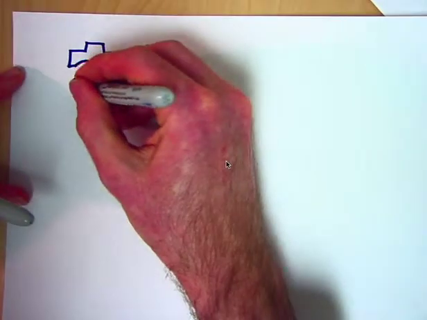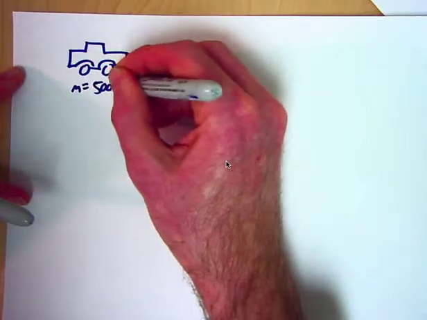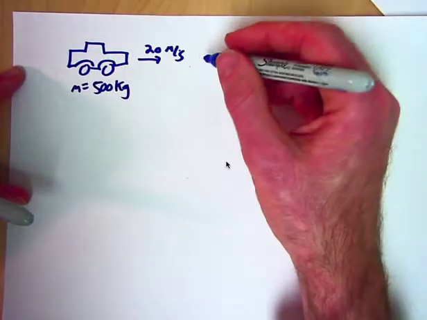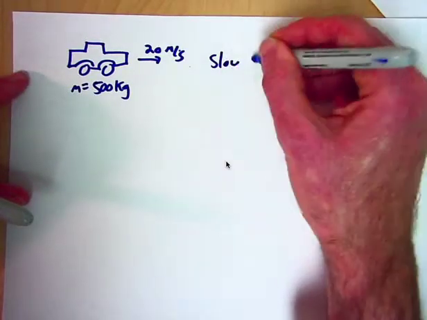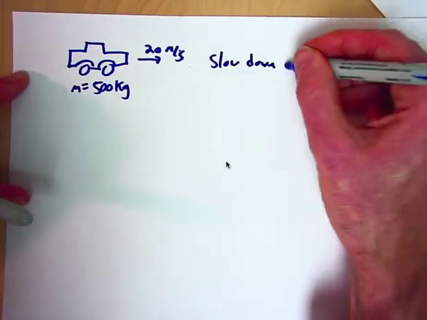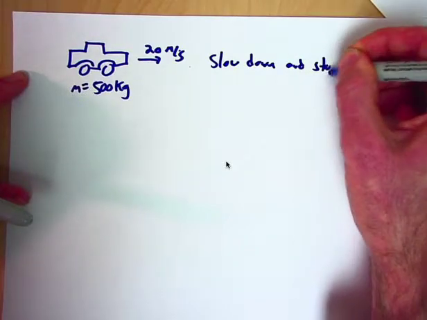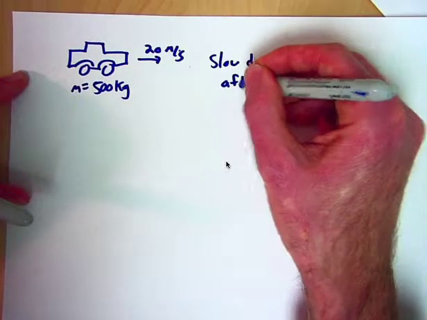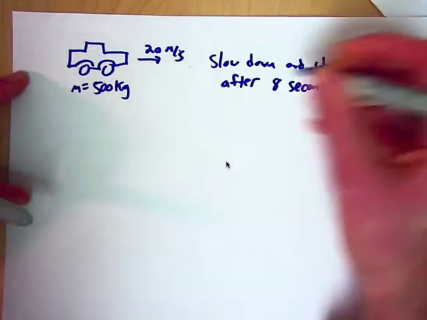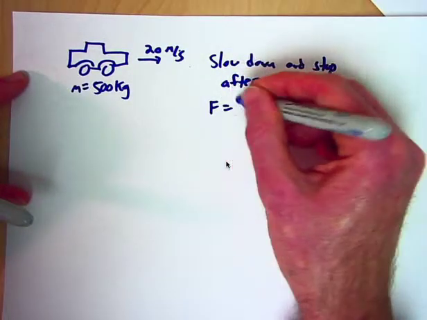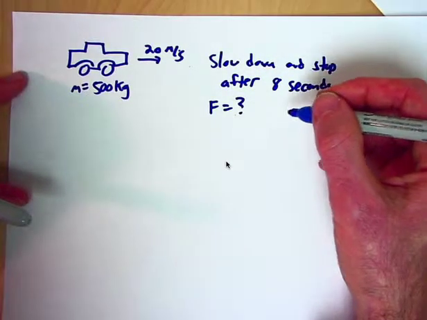The mass of the car is 500 kilograms. Then it's going to hit the brakes, and it's going to slow down and stop after 8 seconds. I want to know how much force is necessary to have it slow down and stop after 8 seconds.